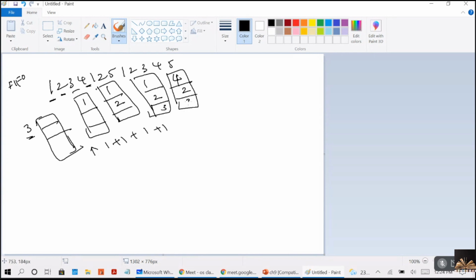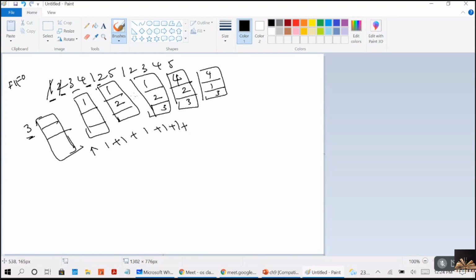Now 3 is there. Now it is asking for 1. What has to be replaced? 1 is already replaced, so now I have to replace 2. So 4, 1 and 3. One more page fault.